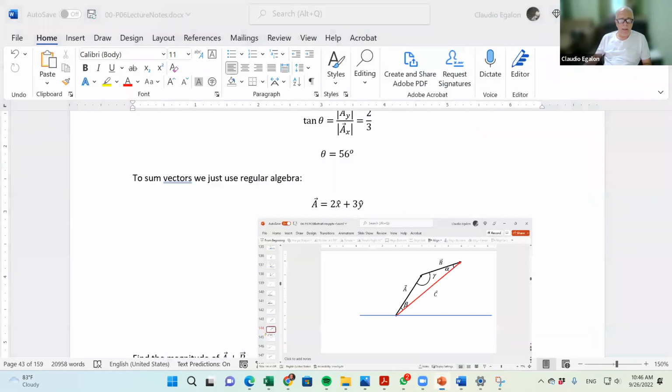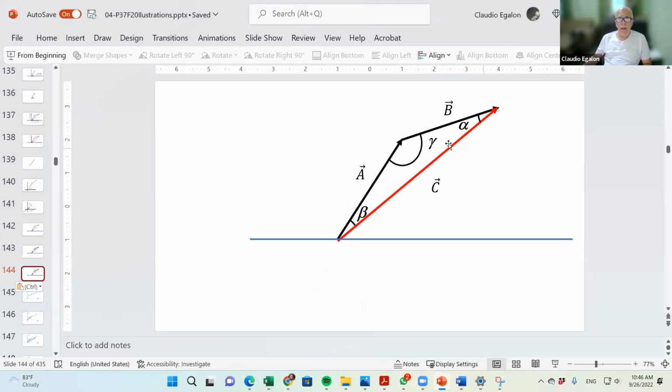And then B is what? 3 units in the horizontal direction and 1 unit in the vertical direction, right? We do not know those angles, right? But if you find out those angles, we will be able to solve the problem.